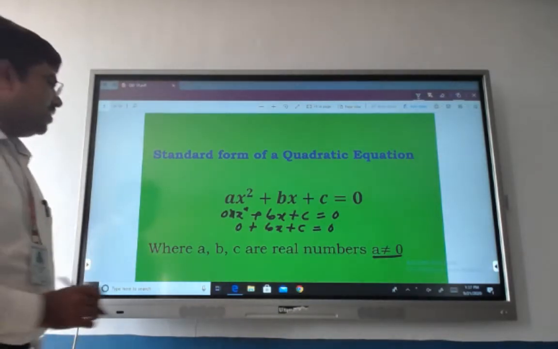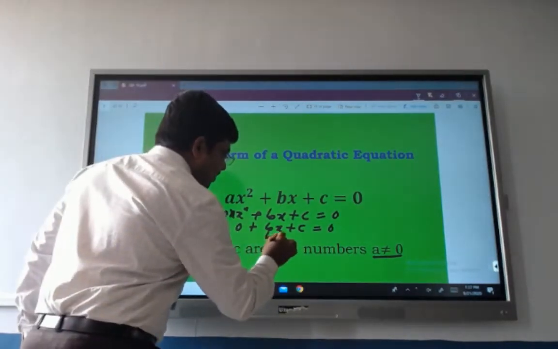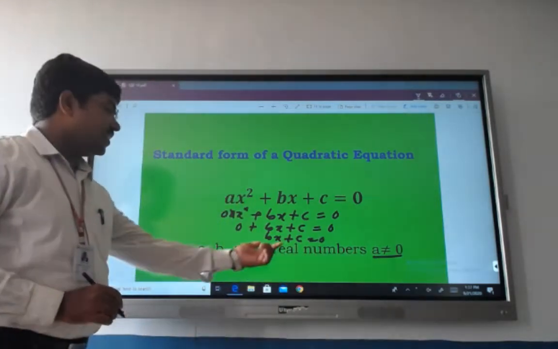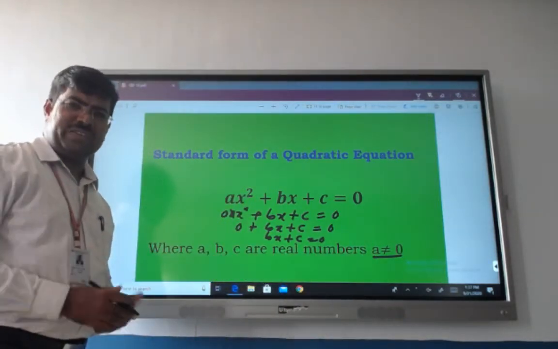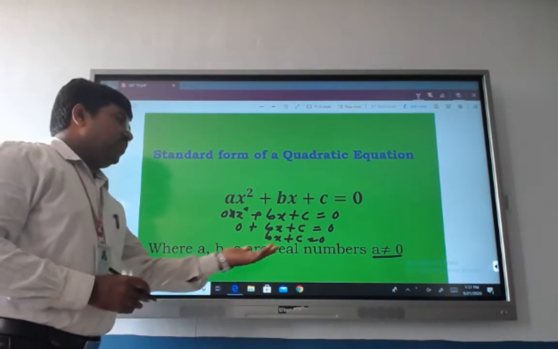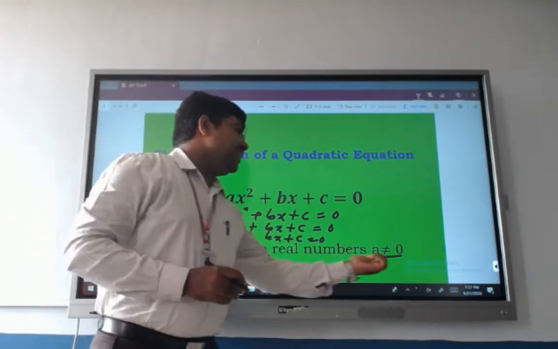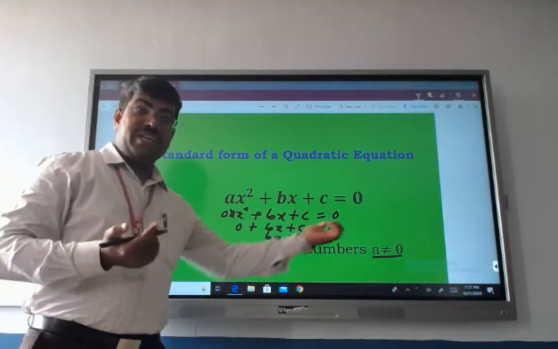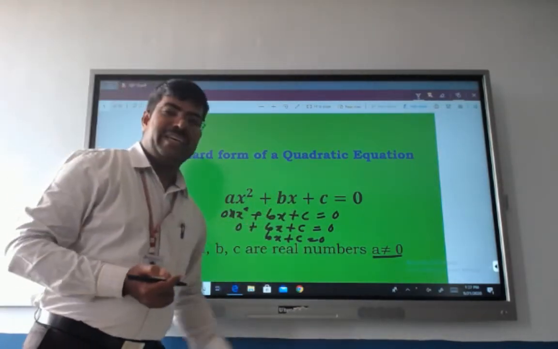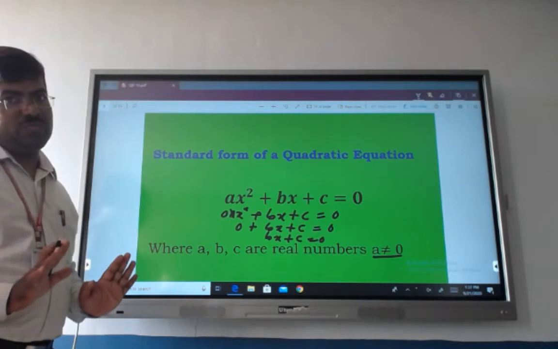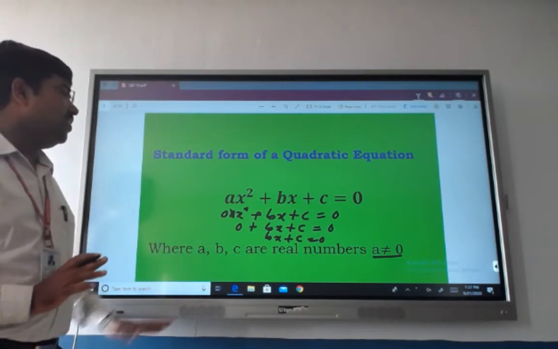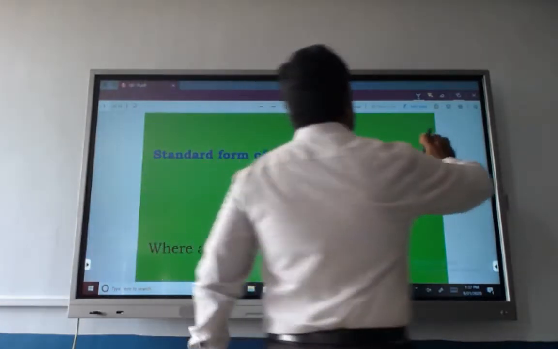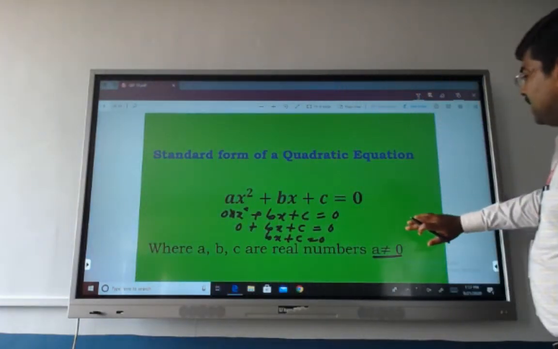And bx plus c is a linear equation. So that's why we can't take a as 0. You can take b as 0 or c as 0, but you should not take a as 0. So this is called a quadratic equation, where a, b, c are real numbers. This is the standard form.